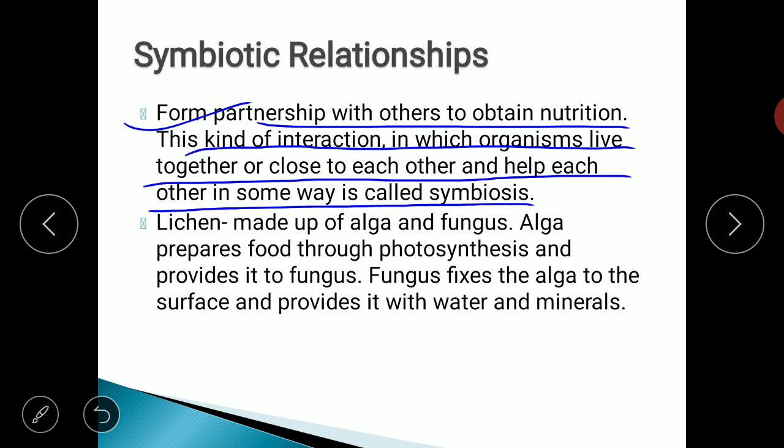A good example of symbiosis is a lichen.